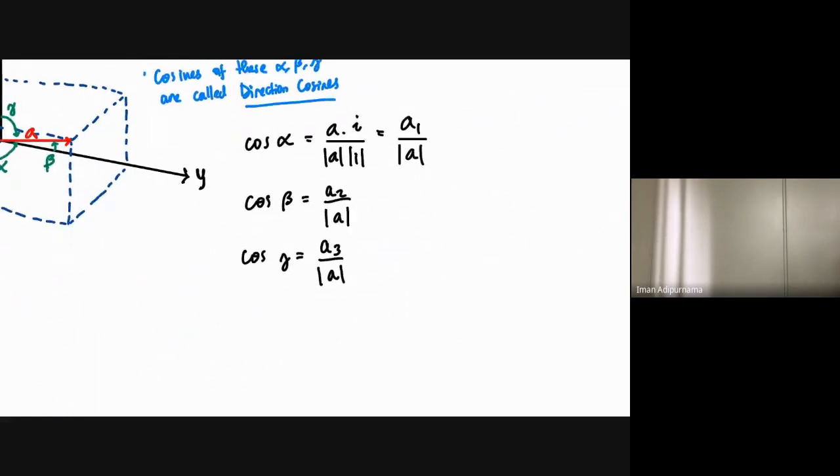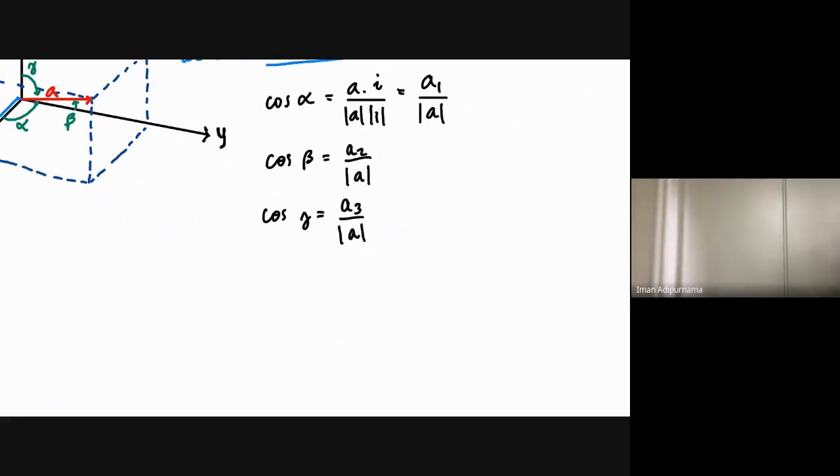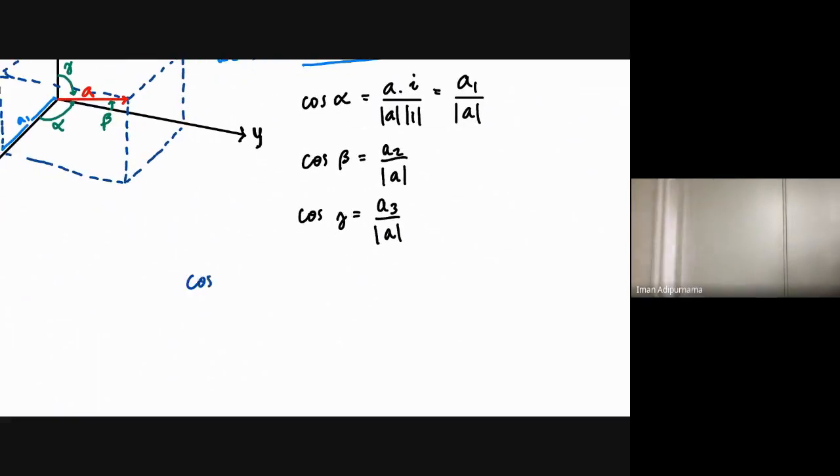And if we square all these, cosine alpha, beta, and gamma, we can have these equations.